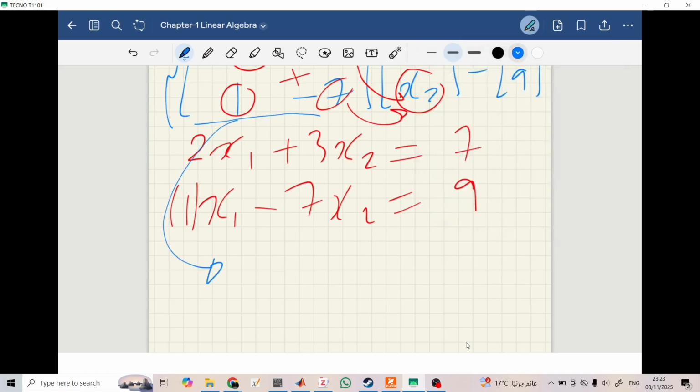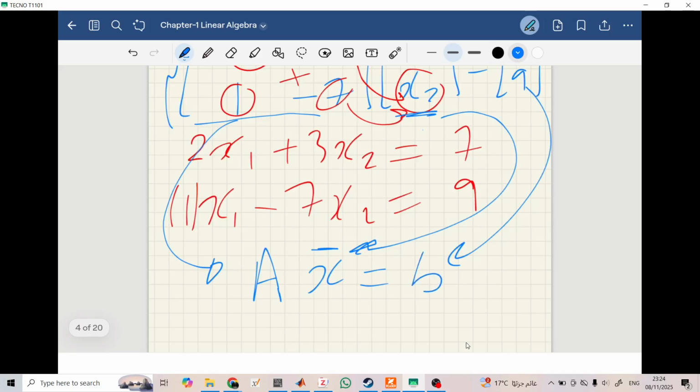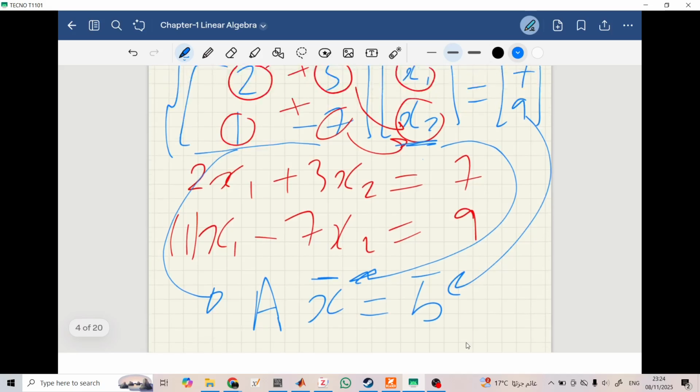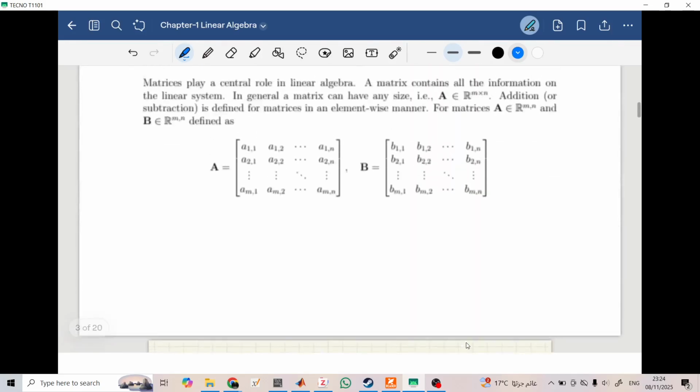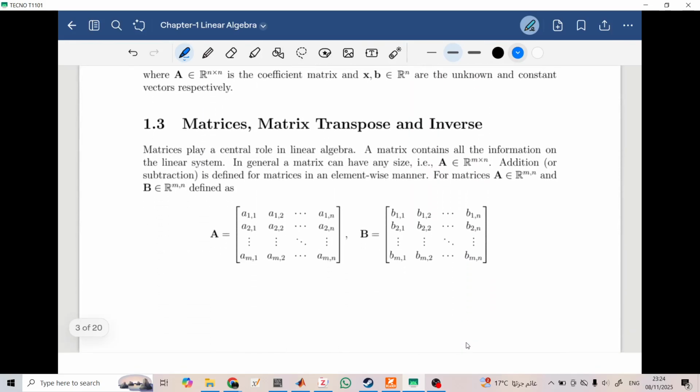We denote this as matrix A. Note here that matrices are denoted by capital letters, and this is denoted by vector x. When the vector is handwritten, we put a bar on top of it, and this is vector b. So we have A times x equals b. This is the matrix representation.